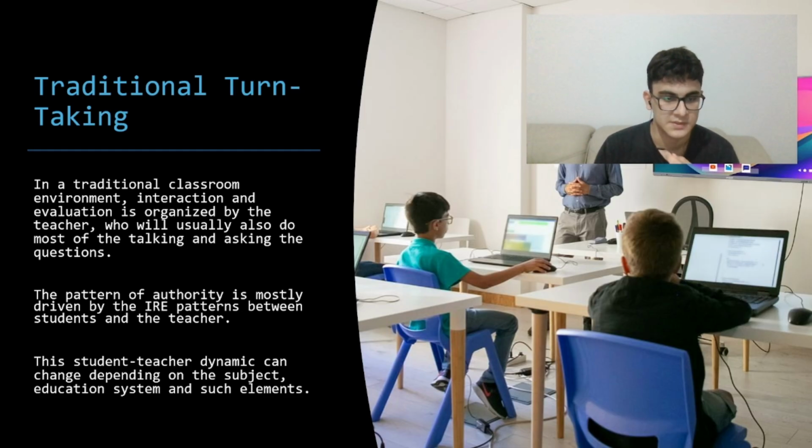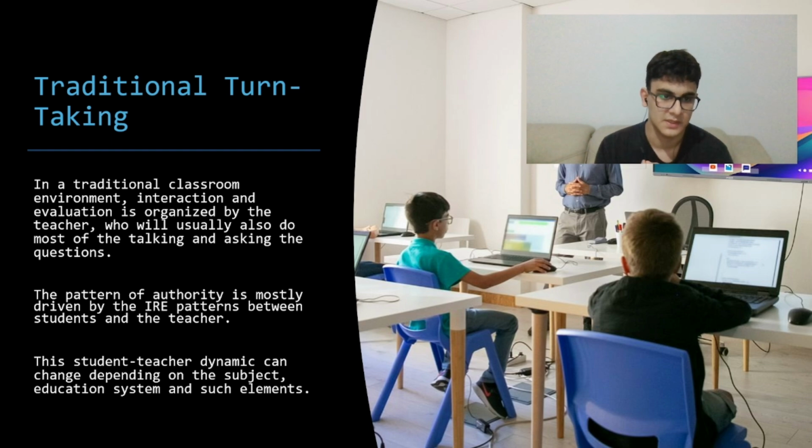In a traditional classroom environment, interaction and evaluation is organized by the teacher, who will usually also do the most of the talking and asking questions. The pattern of authority is mostly driven by the IRE patterns between students and the teacher. This student-teacher dynamic can change depending on the subject, education system, and such elements.